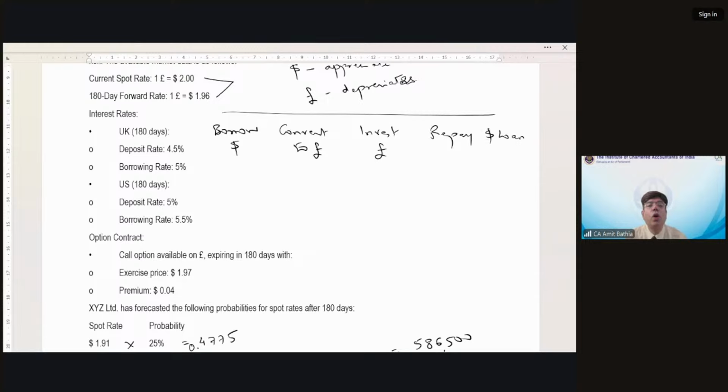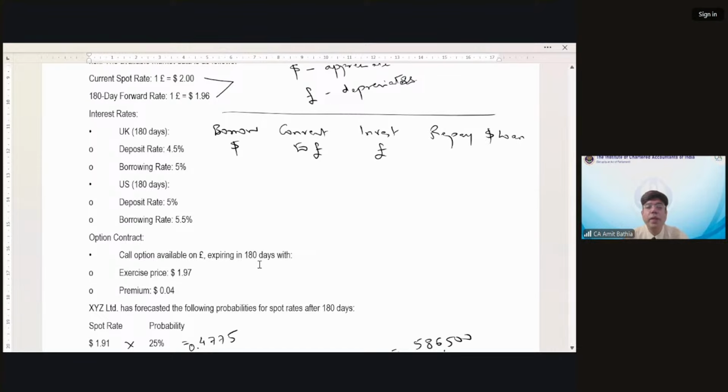Because what will happen is I'm going to borrow in dollar terms today. I'm going to convert that into pounds. I will invest that for the stated period of 180 days. And the maturity amount will be meeting my obligation of 300,000 pounds. So that will take care of itself. And what I am left with is I have to only repay my dollar loan with interest, right?